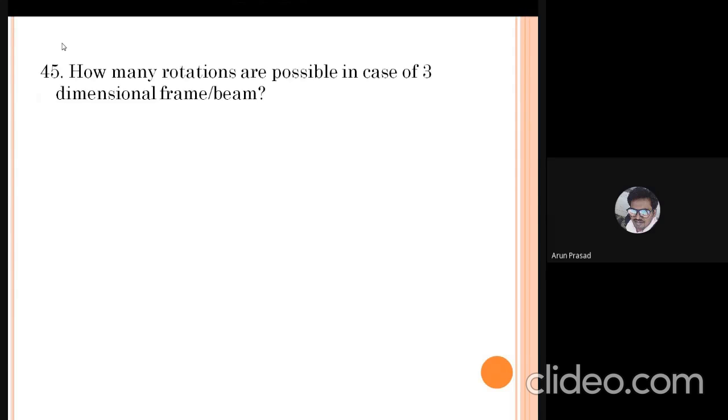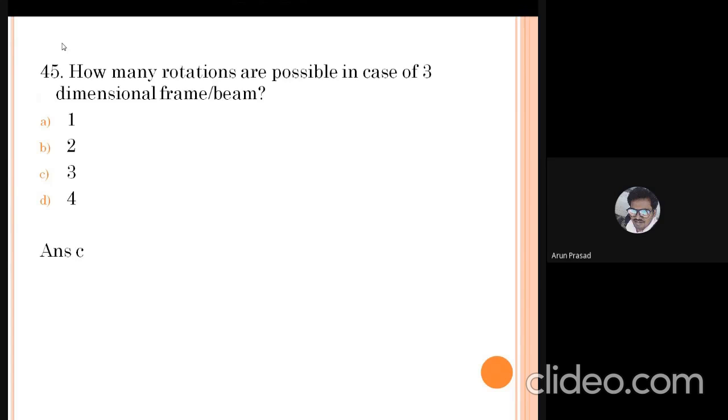How many rotations are possible in case of a three-dimensional frame and a beam? 1, 2, 3 and 4. So the answer is 3 rotations are possible in case of a frame and beam. It is a 3-dimensional frame and 3-dimensional beam. So 3 rotations can be possible.